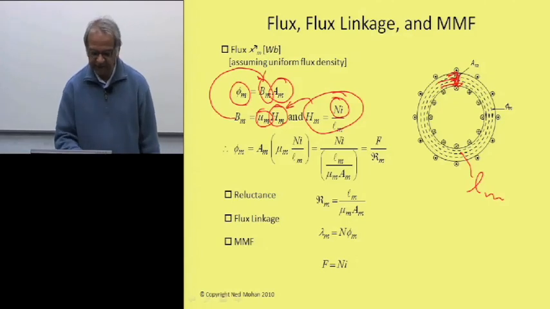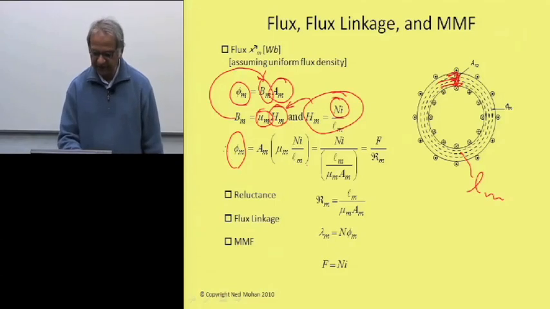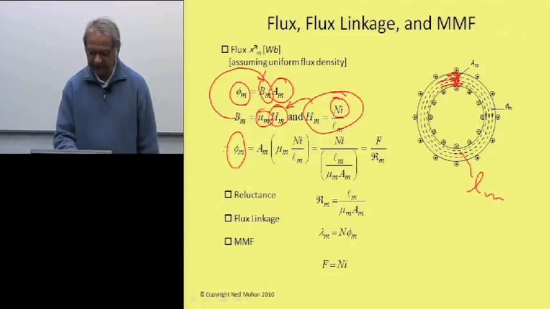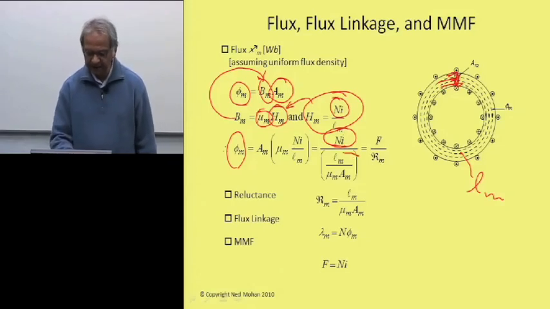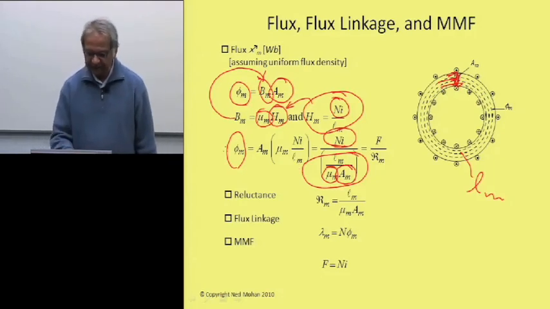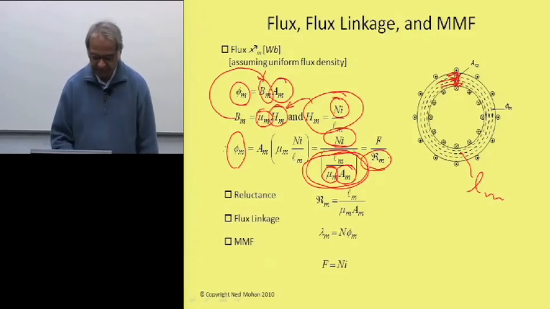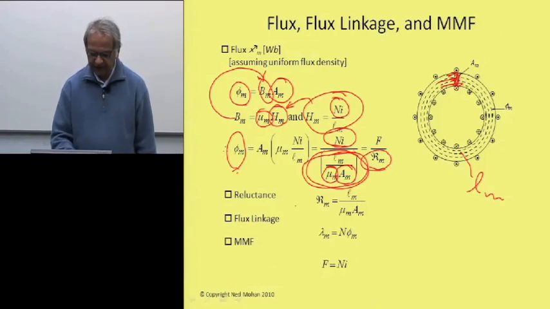So it gives us that this flux that we have in this core is given by this expression, which we can rewrite with the Ampere turns in the numerator, and the denominator becomes this quantity over here, mean path length divided by the permeability of the core and the cross-sectional area of the core, and this quantity here we'll call reluctance. So just restating these things here, we have this reluctance here given by this expression here.